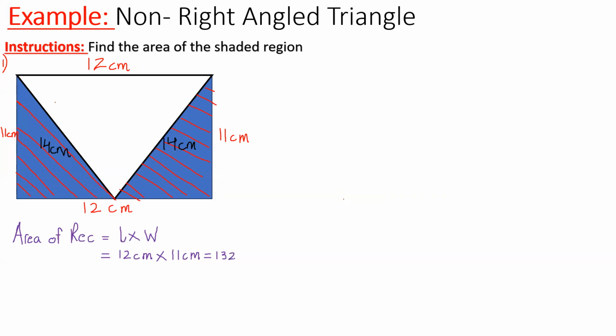132 centimeters squared. Good. Now we have to do the area of the triangle. Triangle, very good. Now what's the formula for the area of the triangle? Base times height.